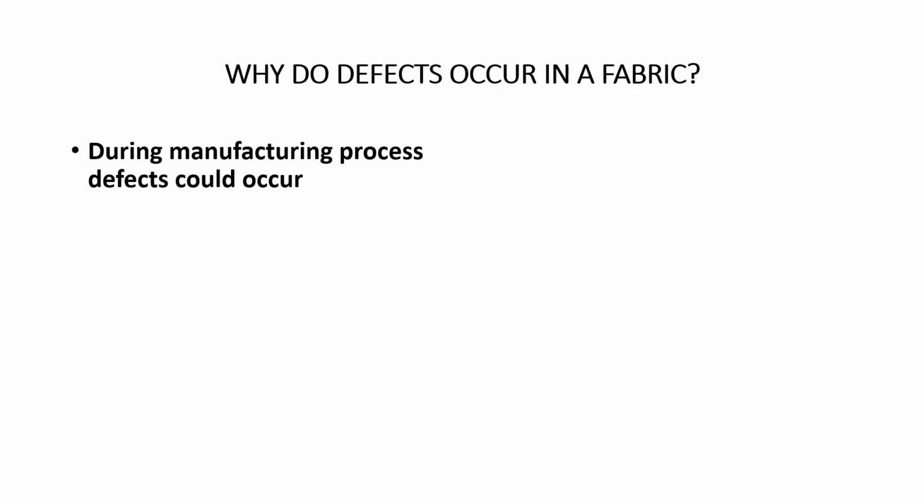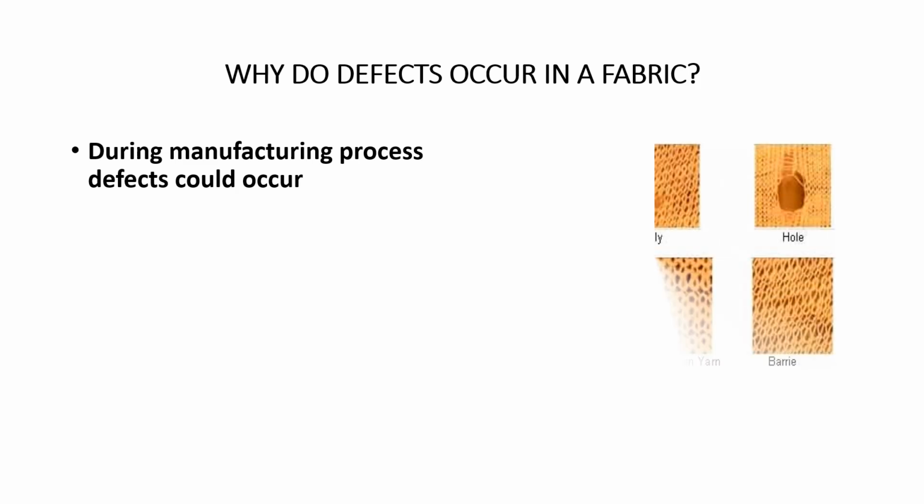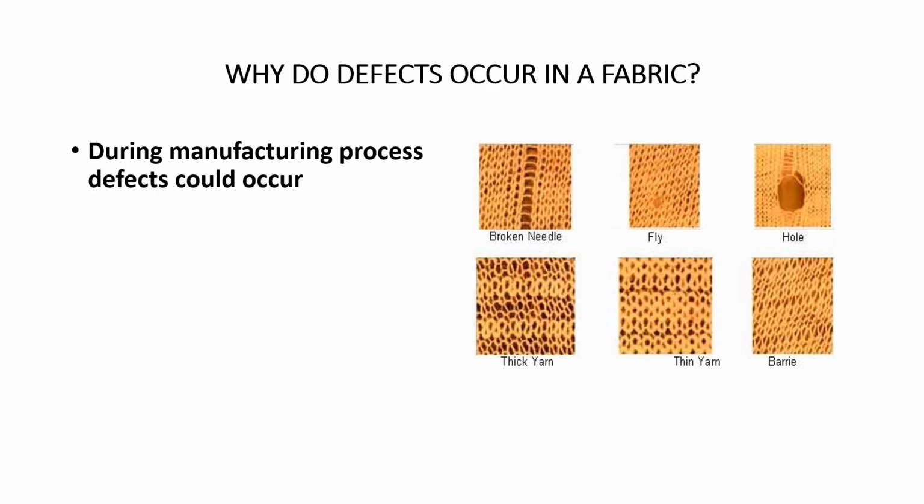The answer is that in any manufacturing process there is natural variation in the raw material, accessories, whatever has been used, or in the process, or in the people doing the work. So there are efficiency variations. Manufacturing defects will be there in a product, but how much is tolerable? That is the thing. Like in knitted fabric, if you want to produce it, some of the defects are before you.